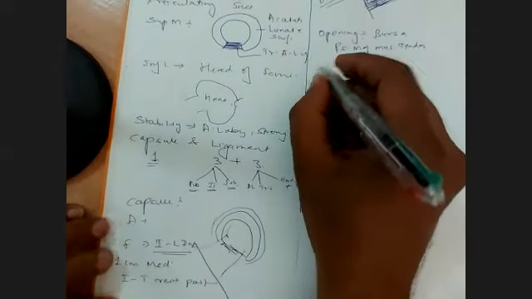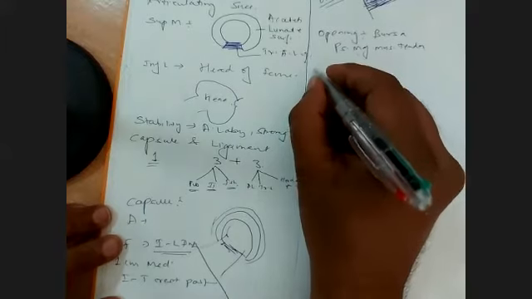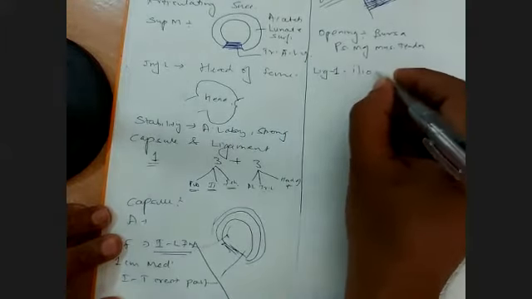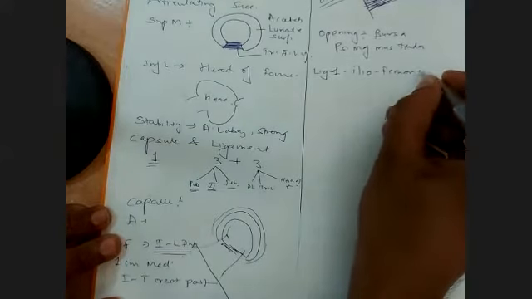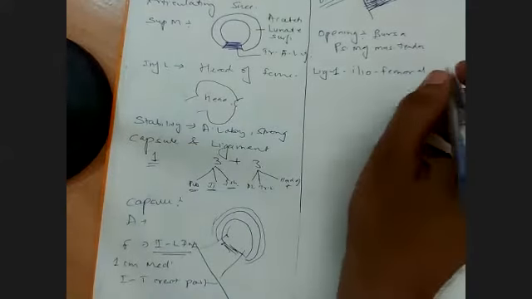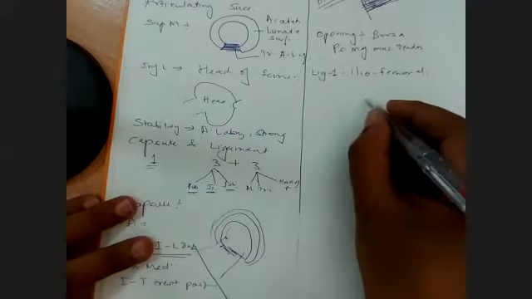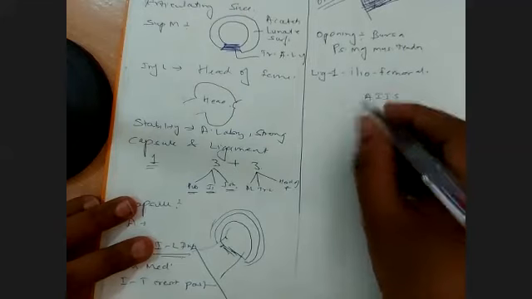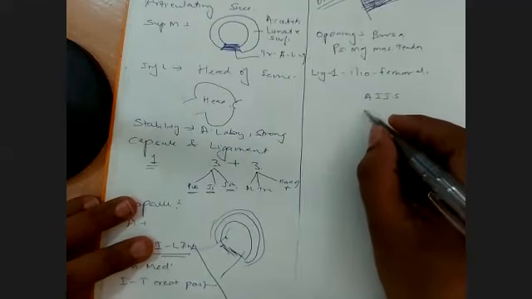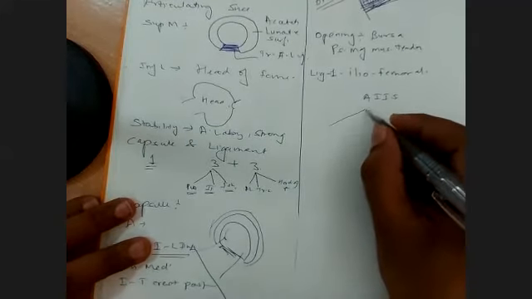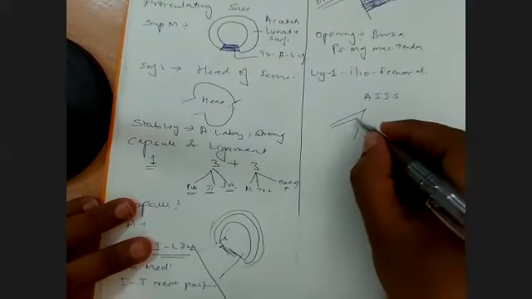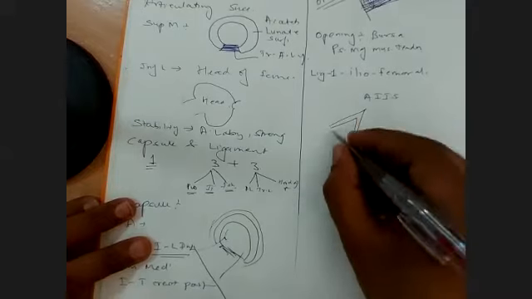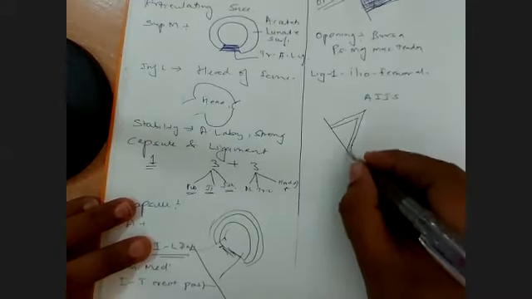After this, let's talk about the ligaments. So ligament number one is the iliofemoral ligament, which arises from the ilium and goes to the femur. This arises from anterior inferior iliac spine, and from there it is kind of inverted V-shaped or inverted Y-shaped, and the fibers go to the intertrochanteric line like this.